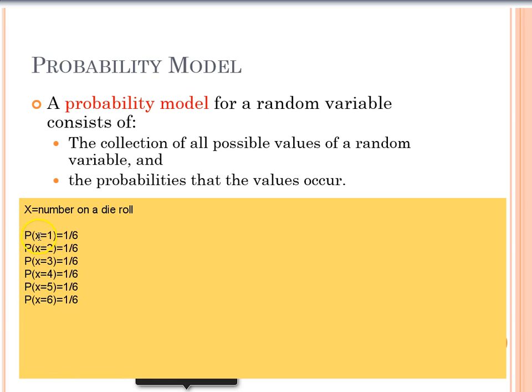So if the die roll is 1, that has a 1/6 probability, or a 1 in 6 probability. The same is true for any of the possible outcomes, and so it has a uniform distribution. So this whole notation here is the probability model for the random variable of a die roll.